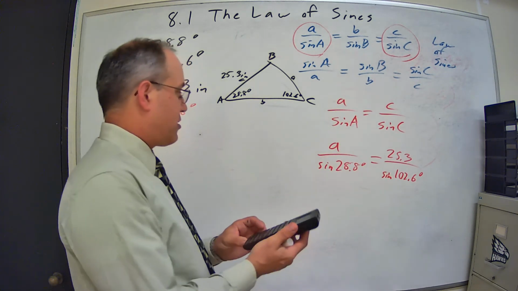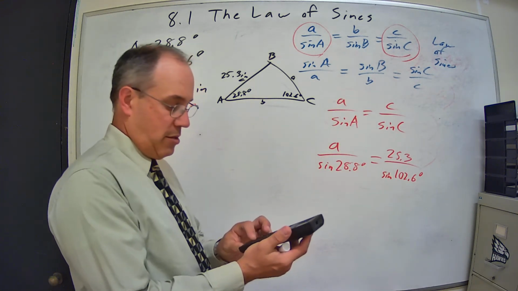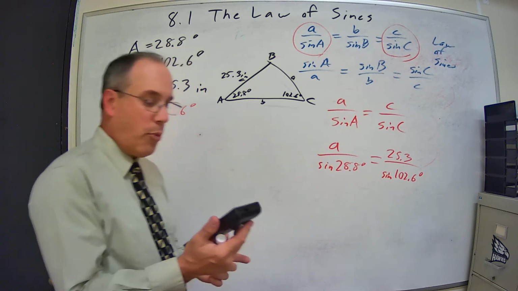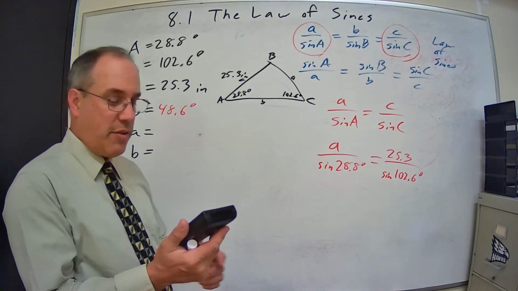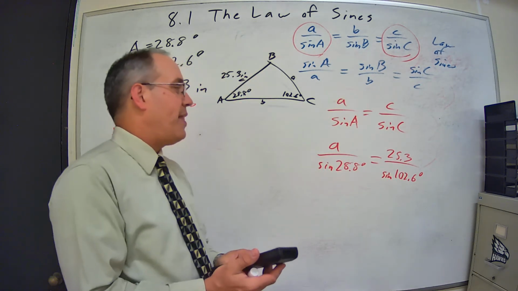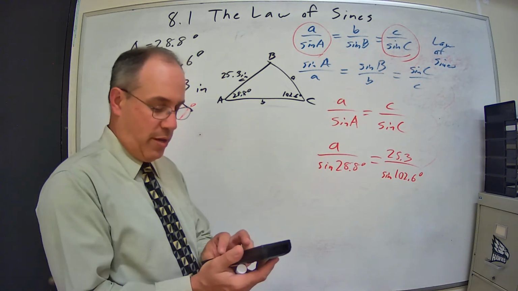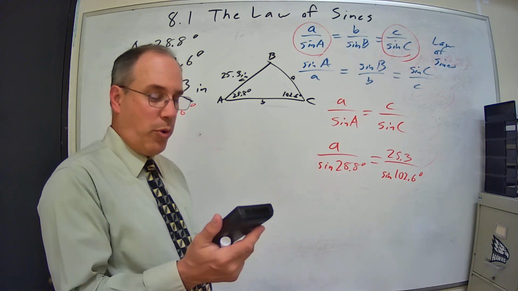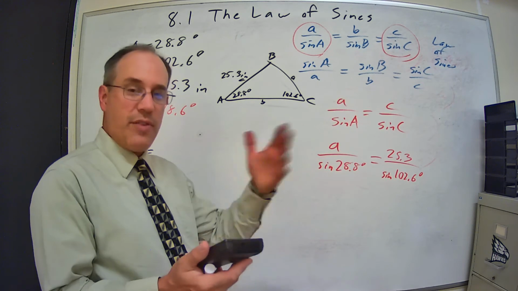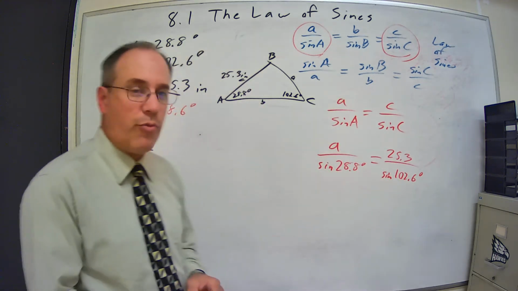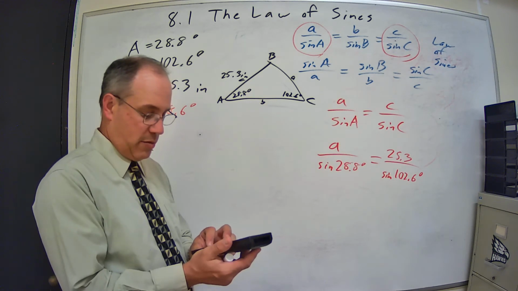So I'm going to take sine of 28.8, which is approximately 0.48175336, etc. I'm going to multiply that by 25.3, which now gives me 12.188367, etc. And then I'm going to divide by the sine of 102.6.